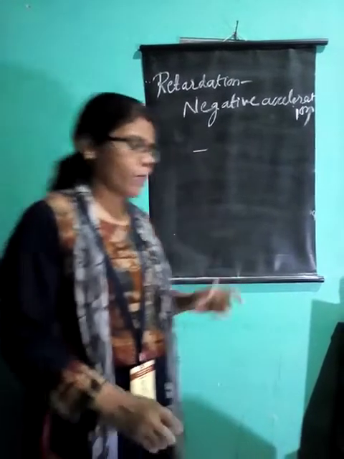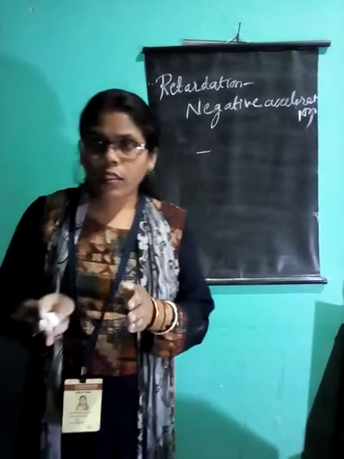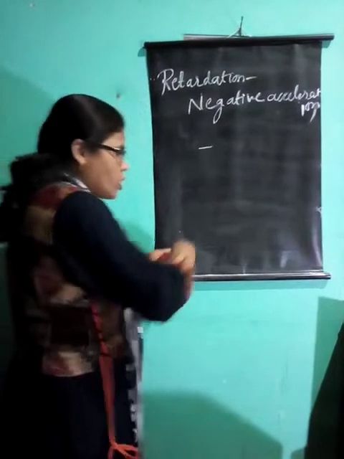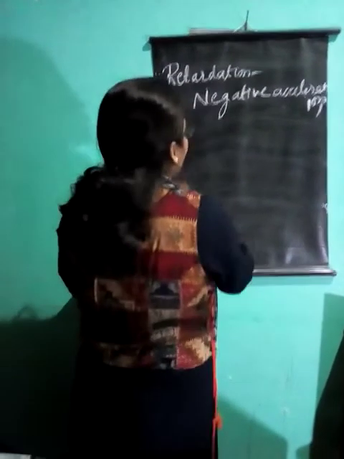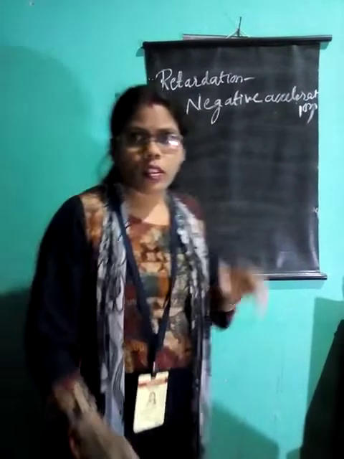Now what is uniform acceleration? If a body travels at uniform speed, that is, if it travels equal distance in equal time intervals, it is uniform motion. What is uniform acceleration?